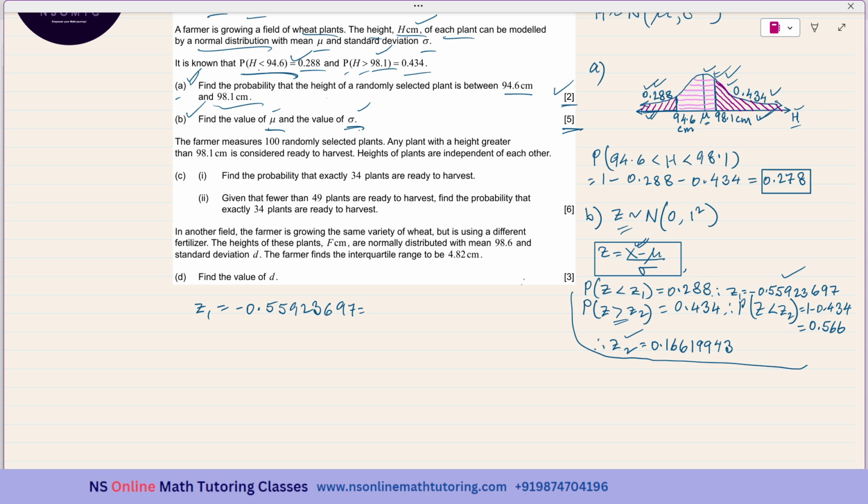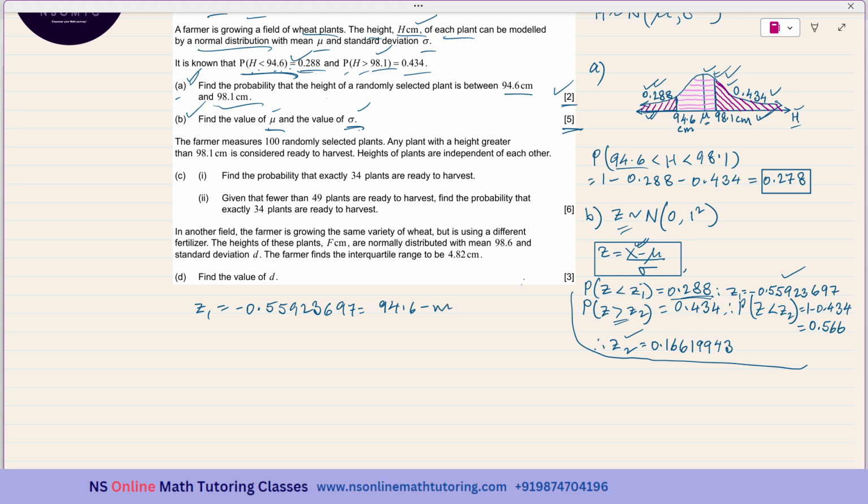X is height. In this case, for Z1, where the probability of less than Z1 equal to 0.288, the height was equal to 94.60. Height less than 94.6 is having the probability of 0.288. So in place of X, I'll be writing 94.6. And mu is mean, so let me take it as M.